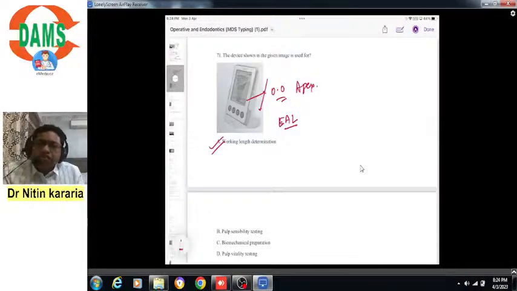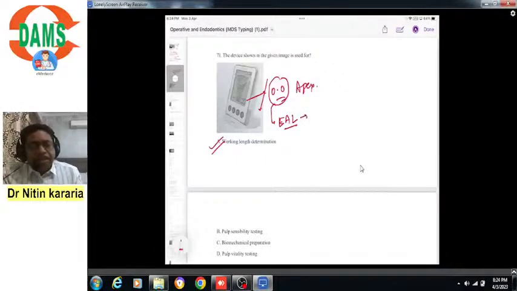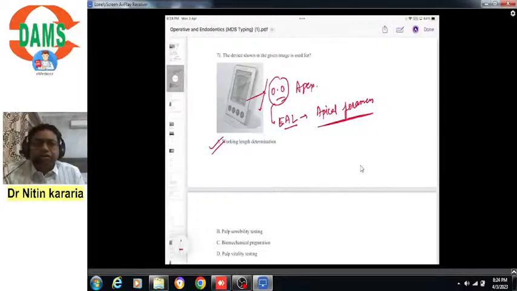And one of the questions which has been asked a number of times in your examinations is, what does the reading 00 on EAL indicate? So EAL basically indicates 00 as apical foramen or the major apical diameter.